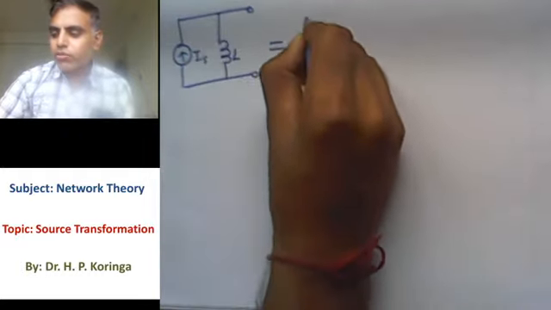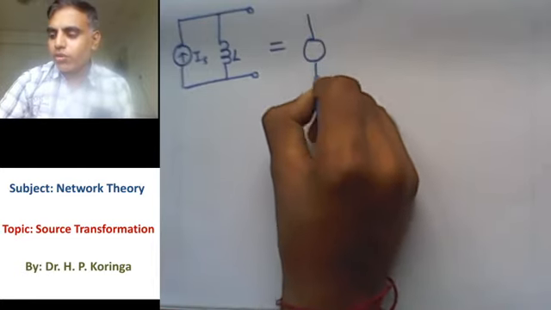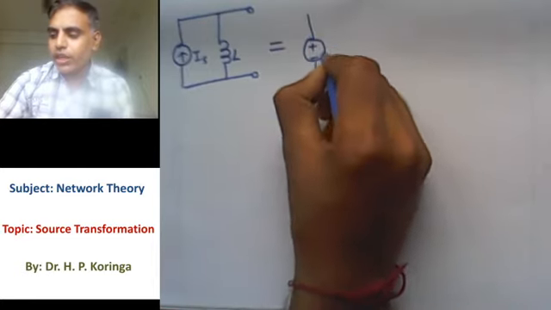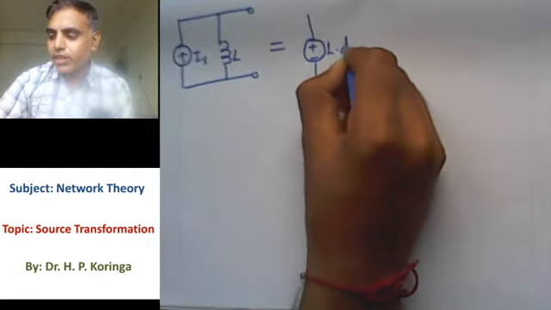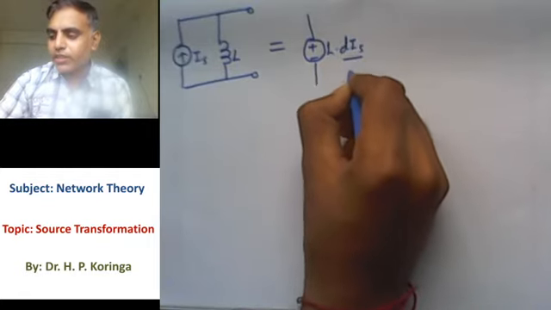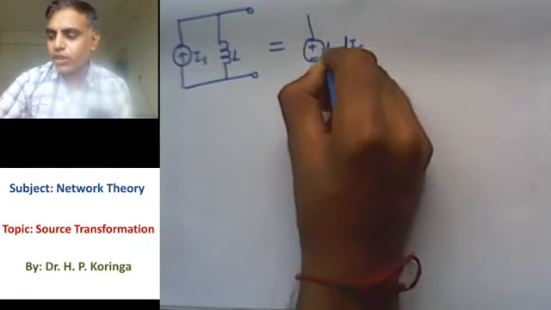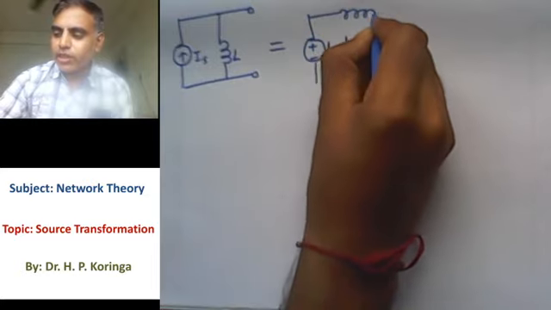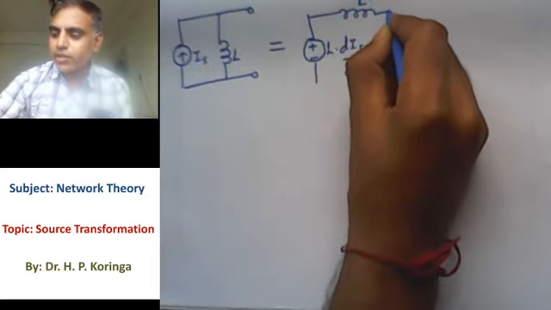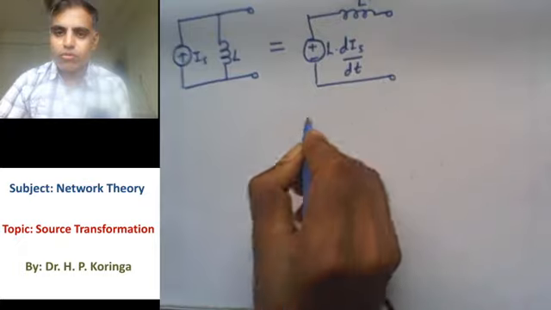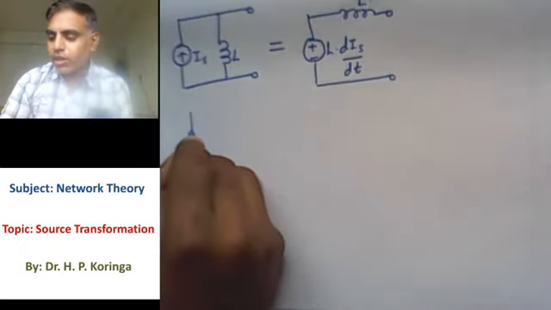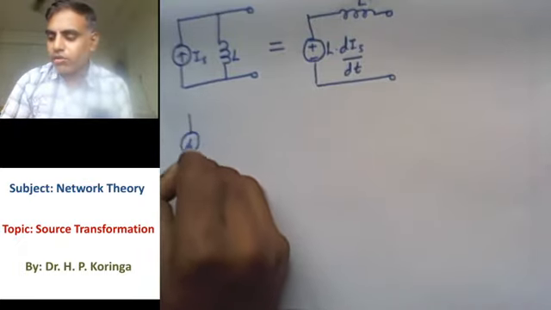It can be converted to a voltage source. So the voltage across the inductor is L di by dt. That is the value of voltage, and the same value inductor we have to connect in series in the voltage source.